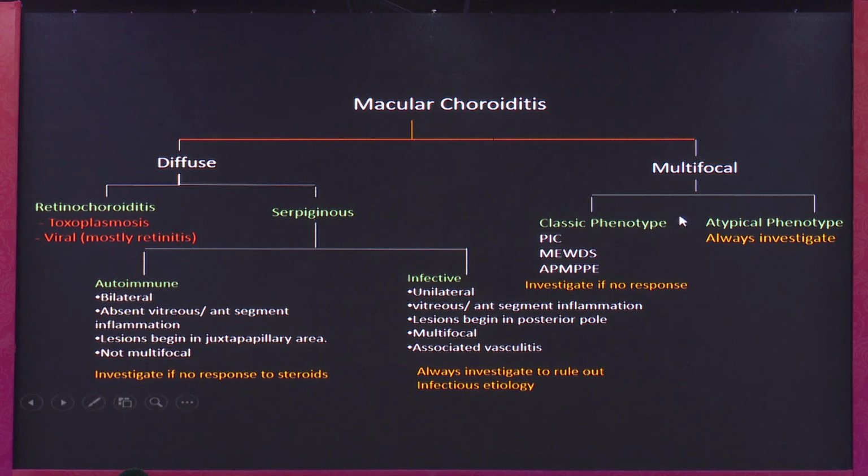If it is multifocal, again, it has a classic phenotype, fits into your pattern of PIC, MUDES, AMPPE. You don't investigate in the first go, but if the patient is not responding, just investigate. And if it is an atypical phenotype which you are not able to fit anywhere, always, always investigate.